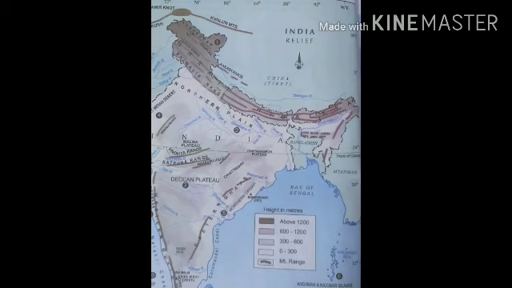Just see the picture, just see the map. You can have the idea what you are studying. The core of this part of Himalaya is composed of granite, and a number of glaciers form this range.